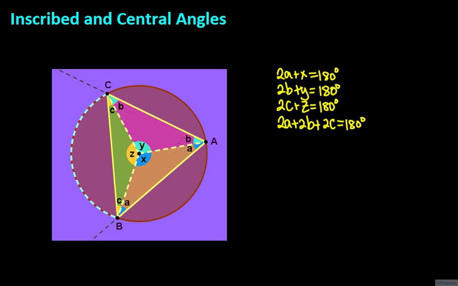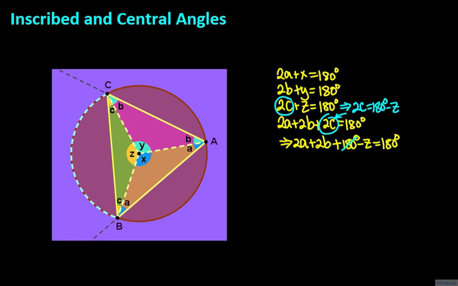Since the very first central angle that we had mentioned at the start of the lecture is angle z, we use the third equation and solve for 2c. 2c is equal to 180 degrees minus z, which we plug into the last equation, to get 2a plus 2b plus 180 degrees minus z equals 180 degrees.